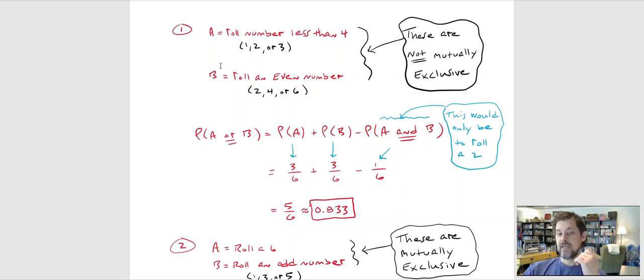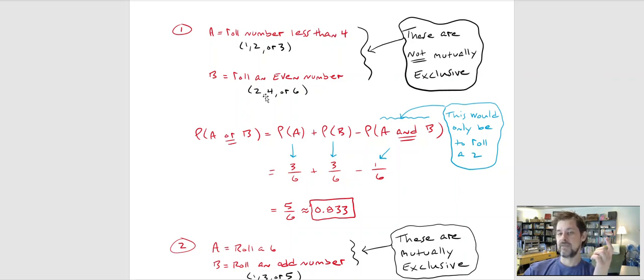If this event A and this event B cannot both happen at the same time, they're mutually exclusive. So can you roll a number less than 4 and roll an even number? That's definitely possible. If you roll a 2, then you would be rolling a number less than 4, and you would also be rolling an even number. So they're not mutually exclusive.